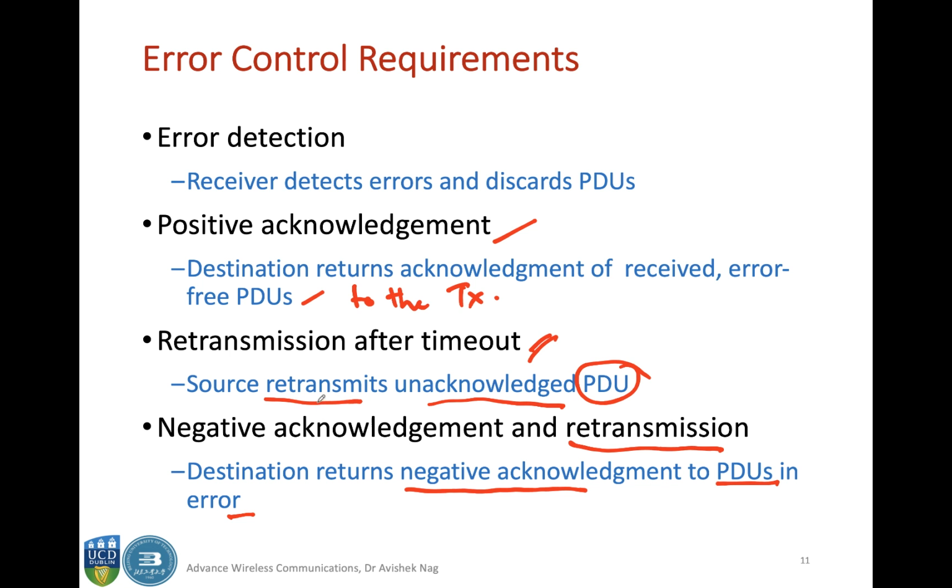So the source retransmits the PDU in two scenarios: when there is a negative acknowledgement and when there is no acknowledgement. When there is no acknowledgement, the source waits for a certain time, and after the time is over or a timeout happens, then only it retransmits the PDU.